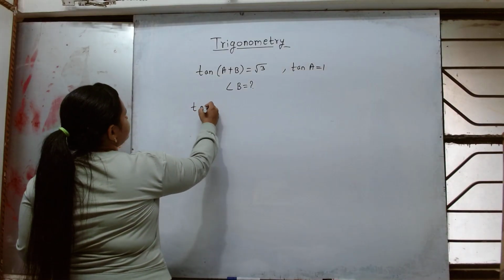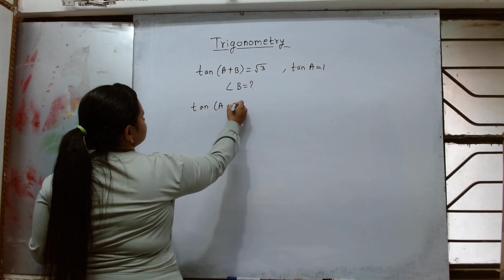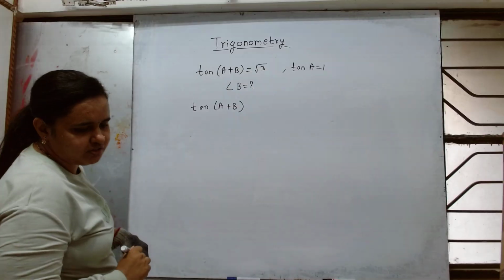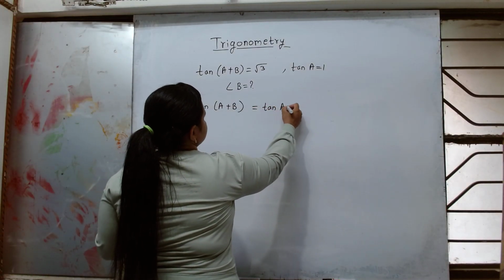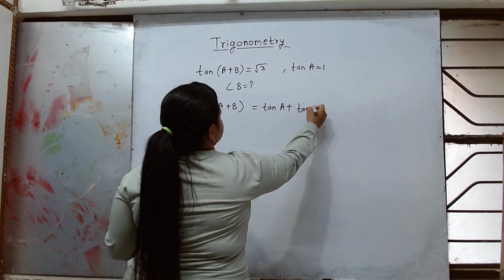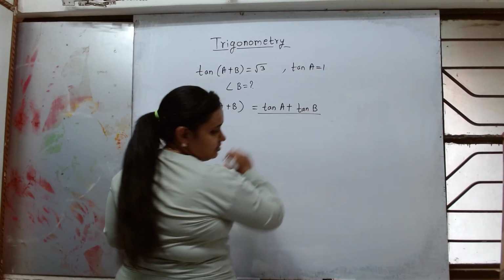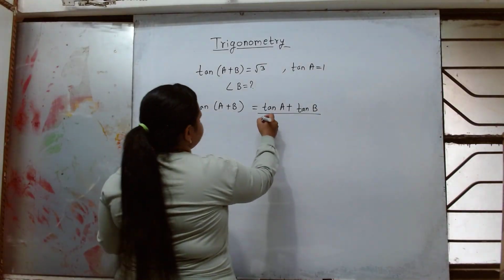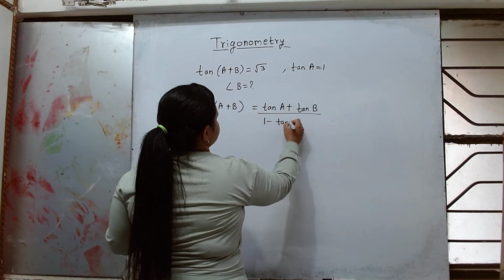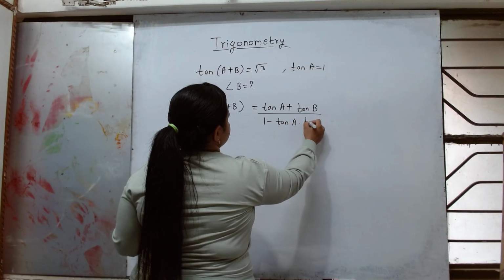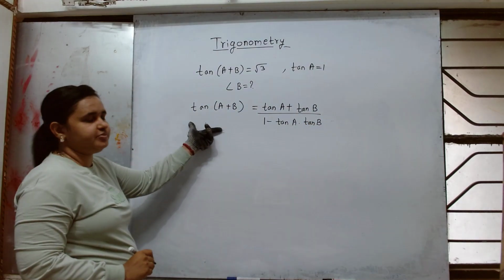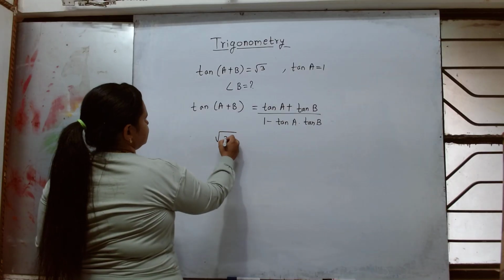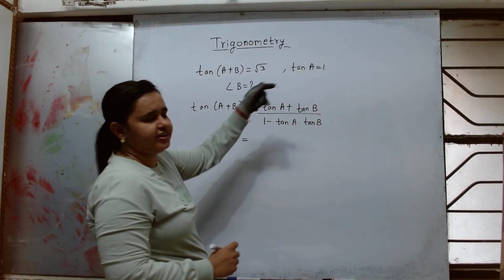What was the formula for tan of A plus B? It was tan A plus tan B upon 1 minus tan A tan B. So tan of A plus B is root 3 and tan A is given as 1.